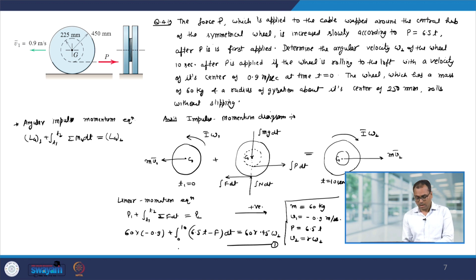Now, Lg1 is equal to I omega 1, but its direction has changed.